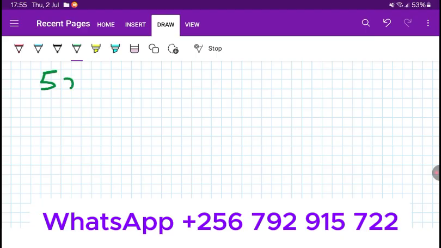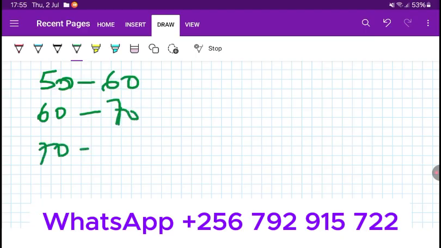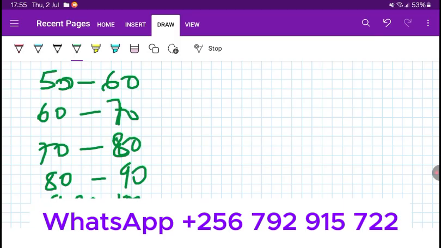We have 50 to 60, 60 to 70, then 70 to 80, 80 to 90, then 90 to 100. Now if you draw a line like that, we have taken these values.